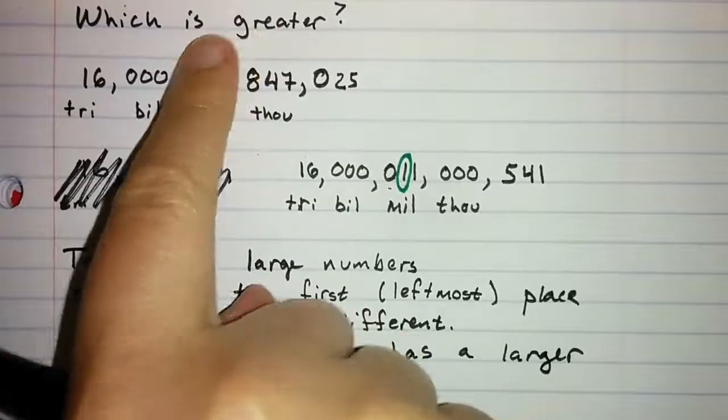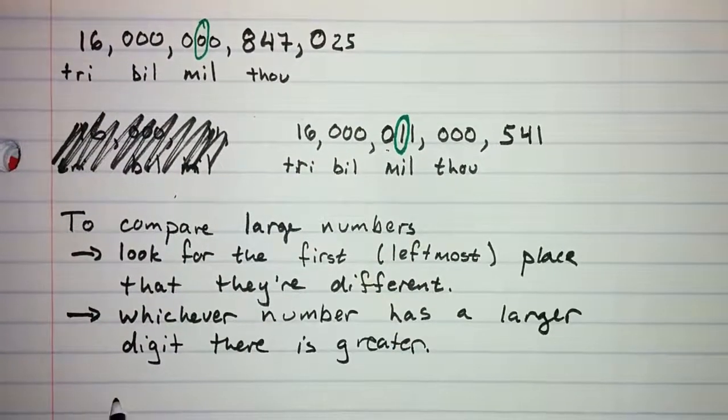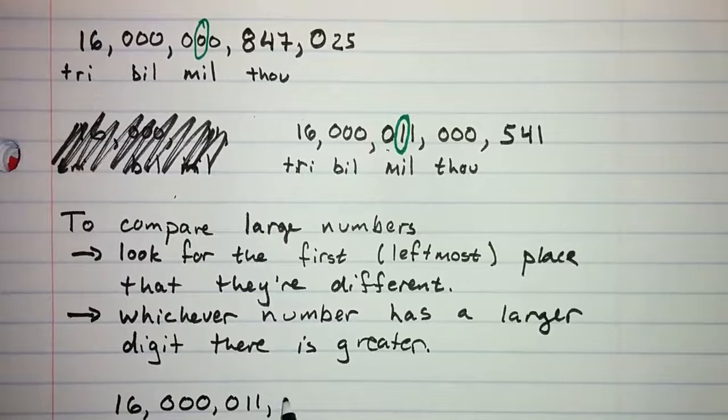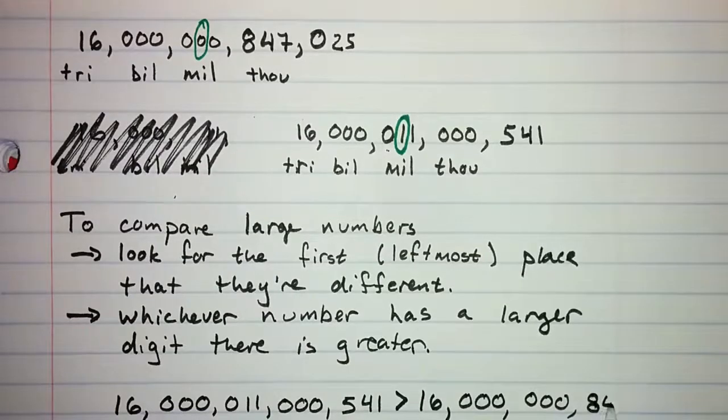So in answer to our question, which is greater, we can say 16,011,541 is greater than 16,847,025.